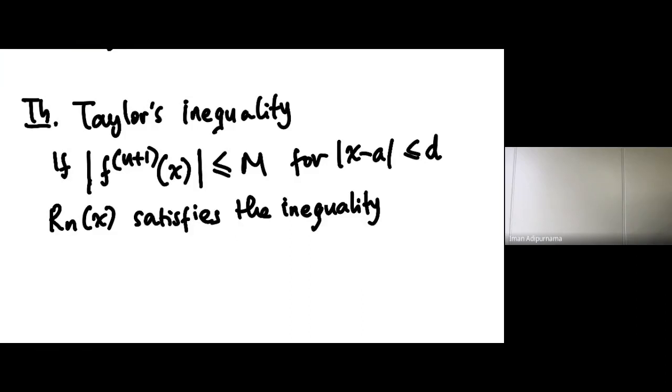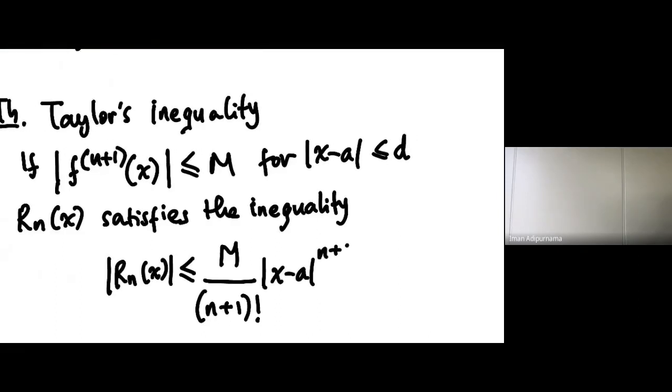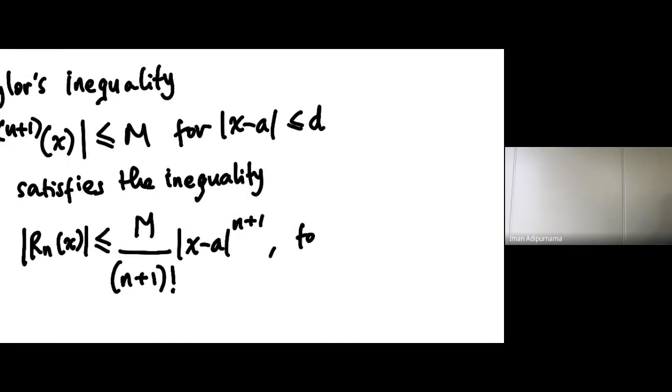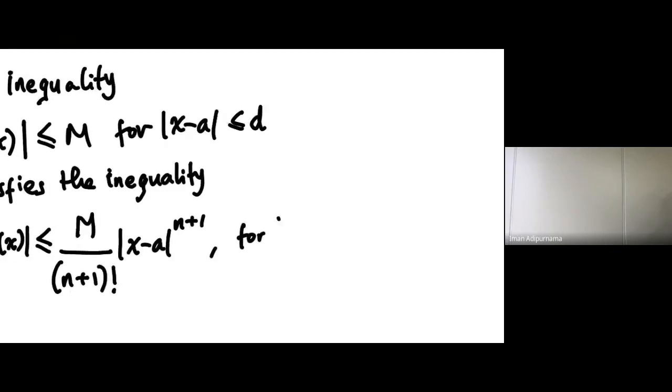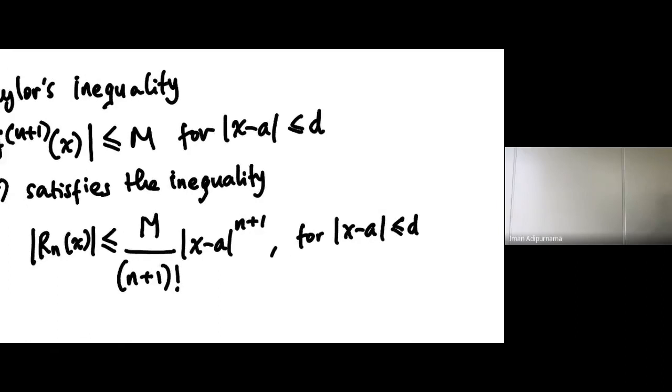Okay. The inequality is the absolute value of Rn(x) is less than or equal to M over (n plus 1) factorial times absolute value of (x minus a) to the n plus 1. This is true for the distance d. Okay.